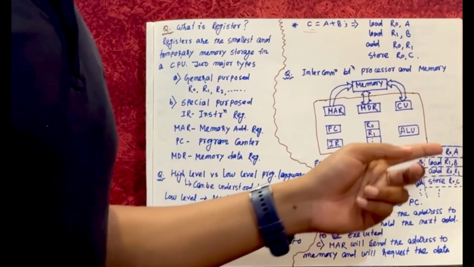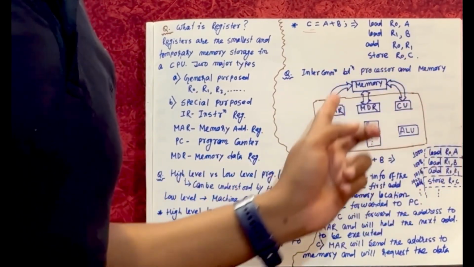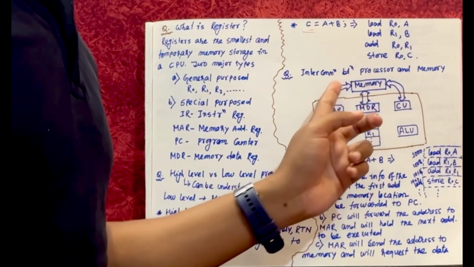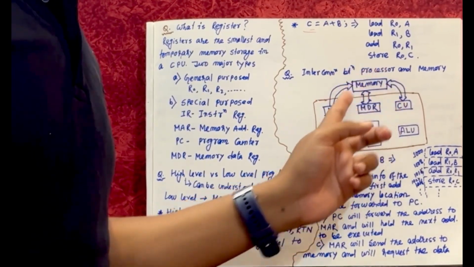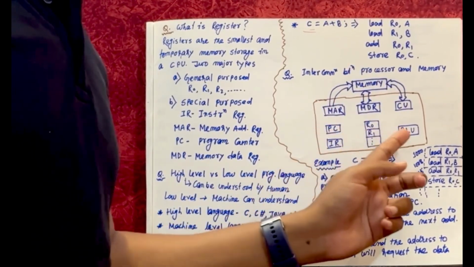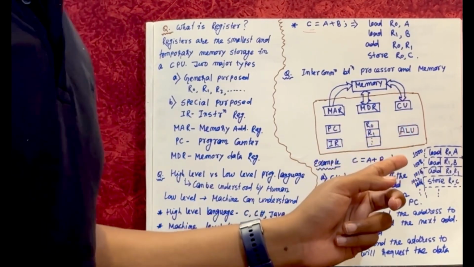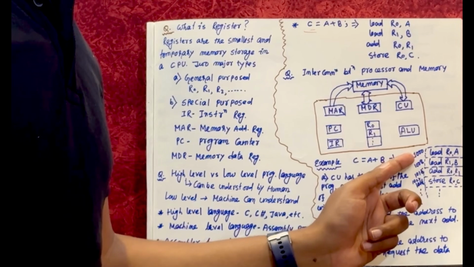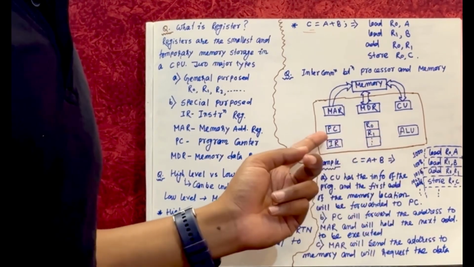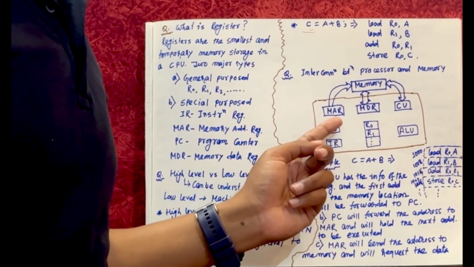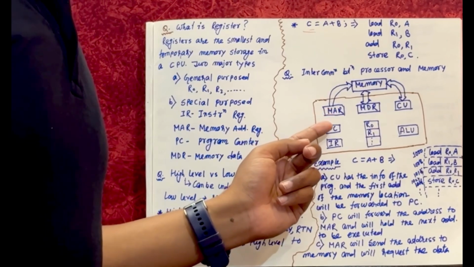Now in instruction fetching, I told you whenever instructions are fetched, PC will hold the first address of the memory location where your instructions are present. What is the first address we have? 1000. So currently your PC is holding 1000.